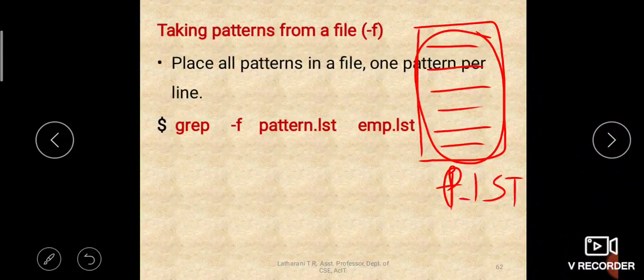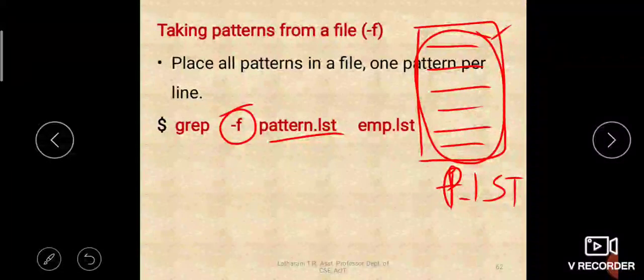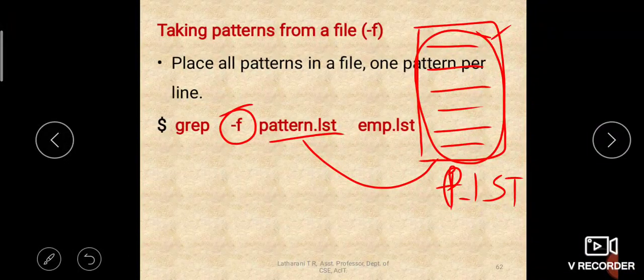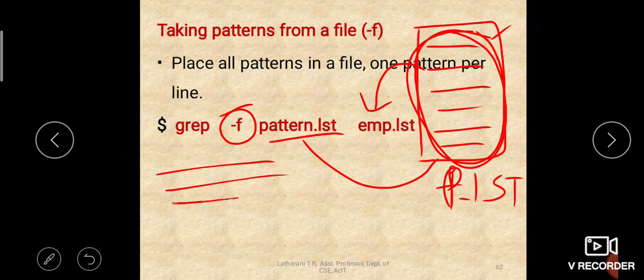Okay, so this pattern.lst file has a set of patterns to be searched. With the -f option, you will give pattern.lst, which is this file where all the patterns are listed, and all these patterns will be searched in the file called emp.list, and wherever the patterns are matched, those lines will be listed as output.